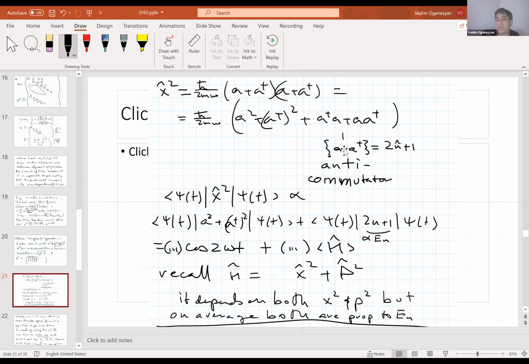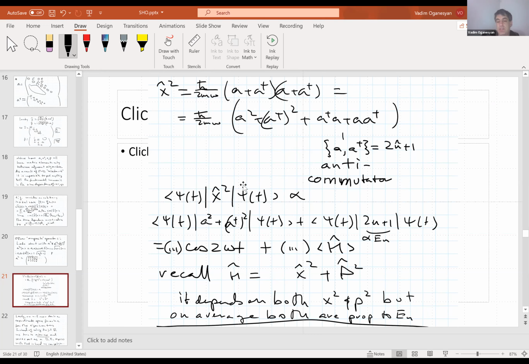A plus is called an anti-commutator. And anti-commutators are, in some sense, non-quantum, because they exist even if you replace these with numbers. In particular, this anti-commutator turns out to be, you can convince yourself, 2 N plus 1, where N is the counter. In other words, it's proportional to the Hamiltonian.